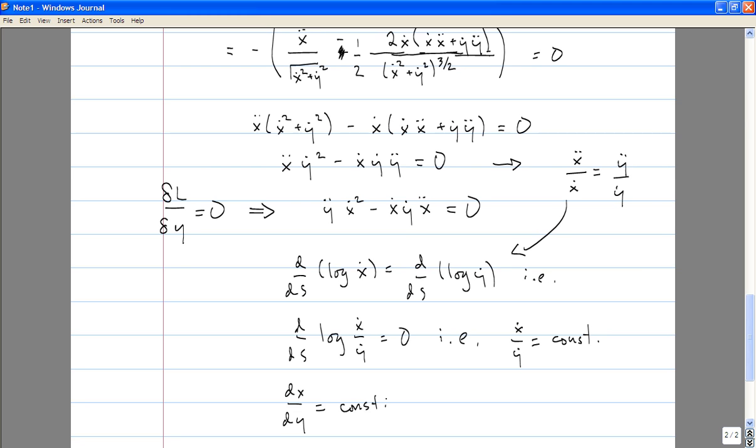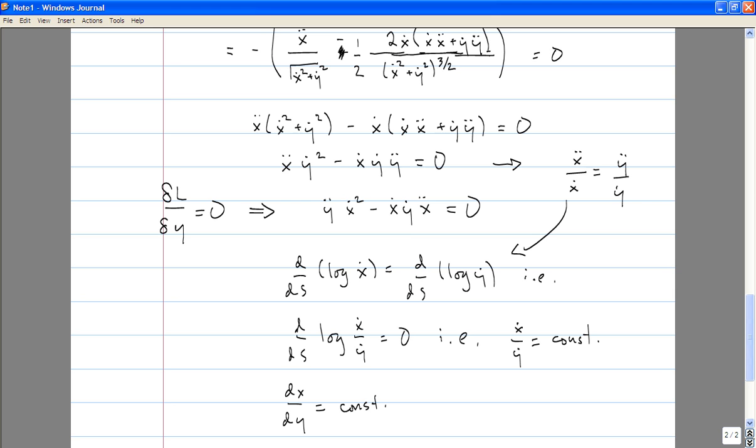So this is just a statement that we have a straight line with constant slope. So, any questions on that? So that was the hard way of showing that the shortest distance between 2 points is a straight line.